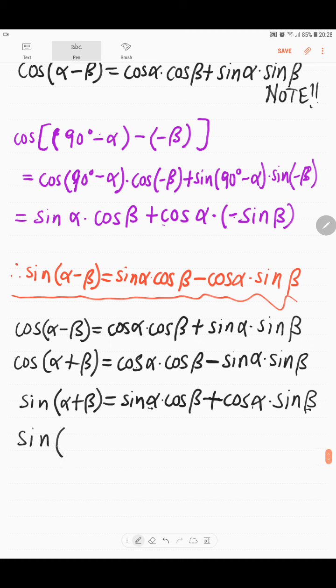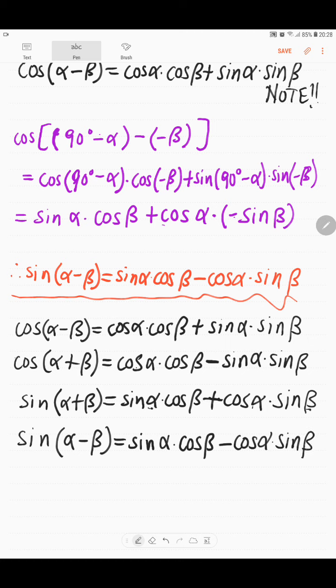And then from here we have sine alpha minus beta, which is expressed as sine alpha by cos beta minus cos alpha by sine beta.